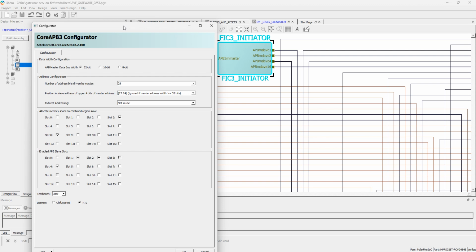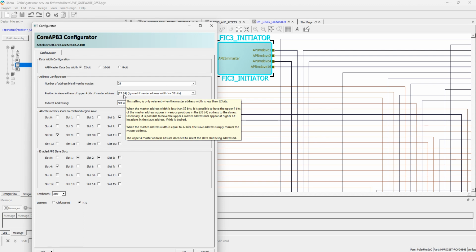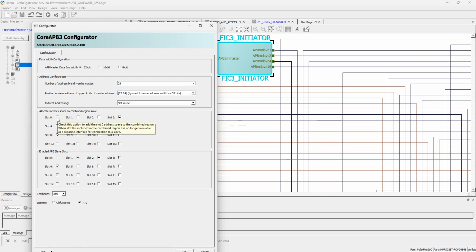These slots line up with these 4 bits. If these 4 bits were 0, that would activate slot 0. Oh, okay. All right. I had the order upside down.